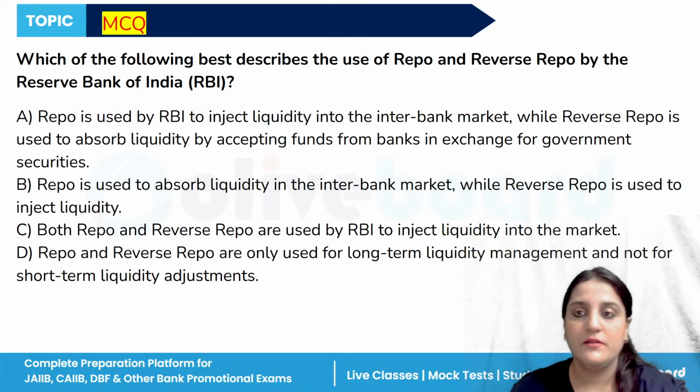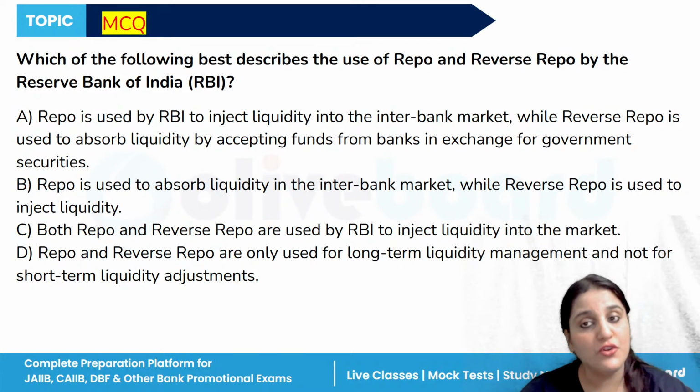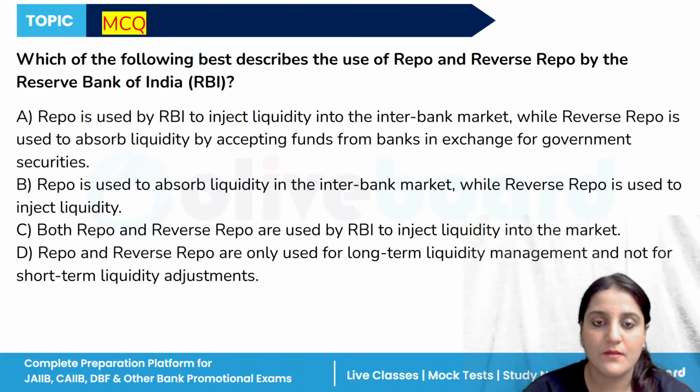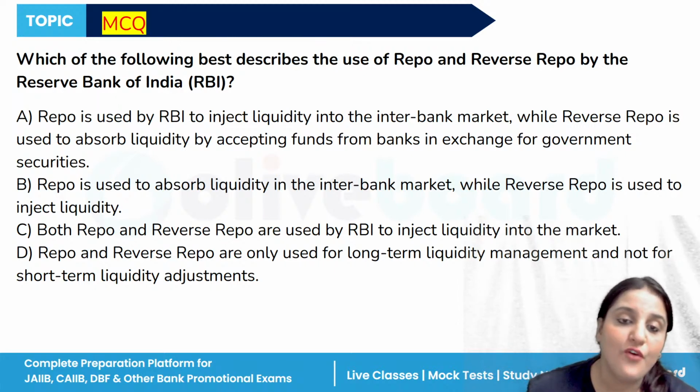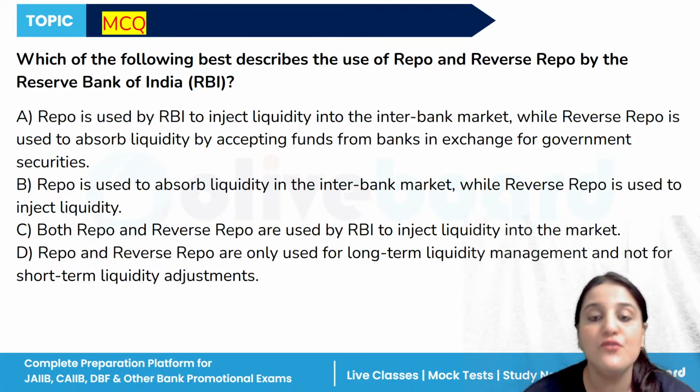Now, in this, which of the following best describes the use of repo and reverse repo by the RBI? So repo is a securities transaction which is used for lending and borrowing money market funds for terms from 1 day to 1 year.